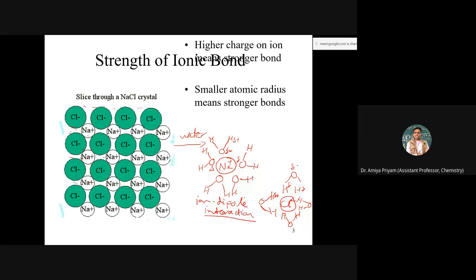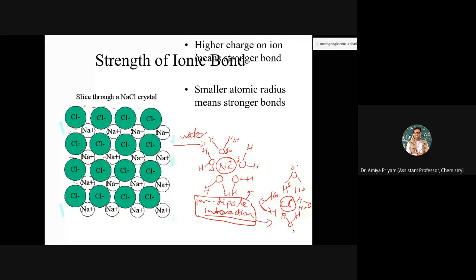Okay, so this ion-dipole interaction is with Na plus and Cl minus with water molecules. Na plus and Cl minus are surrounded by a large number of water molecules, and in this manner the summation of these interactions will lead to release of energy, and this energy is what we call hydration energy.